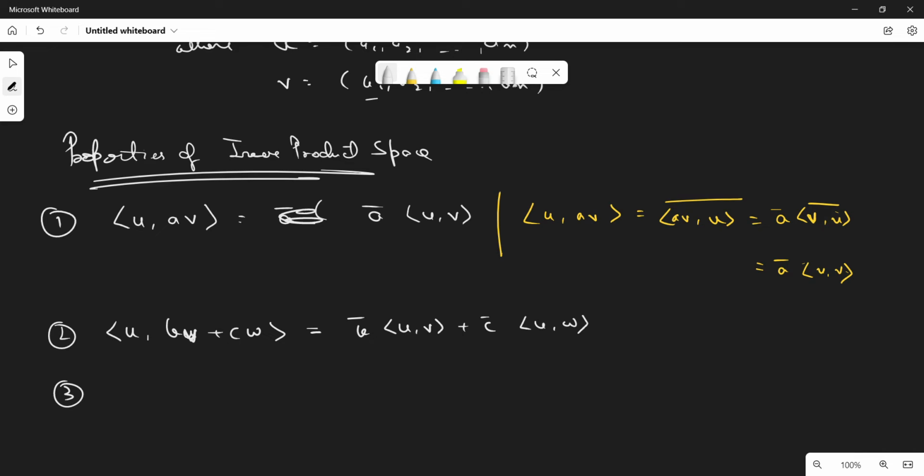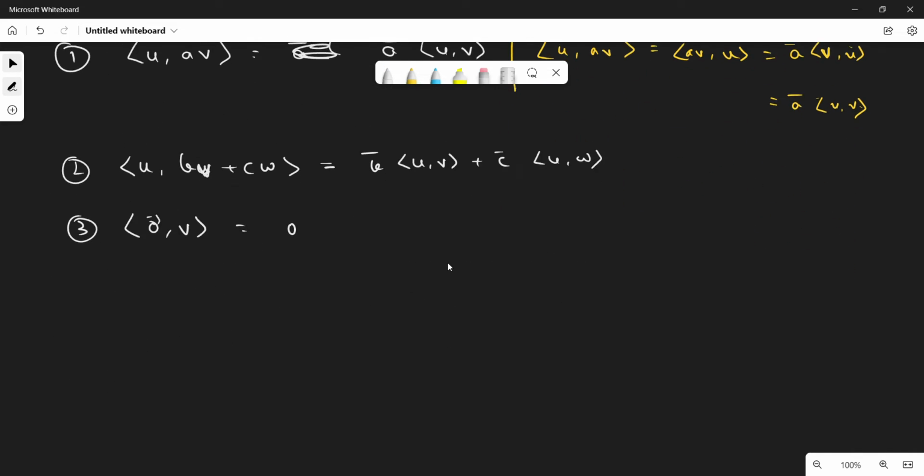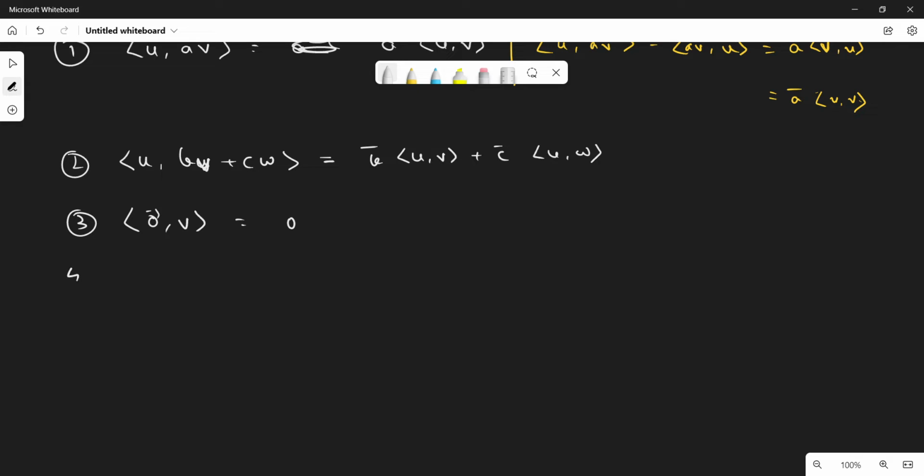Number 3, inner product of the 0 vector with v is equal to 0. And one more, property number 4 we may say. Inner product ⟨u, v⟩ equals 0 for all v belonging to the vector space V if and only if, or rather let this be a one directional statement, u is a 0 vector. Is it clear?